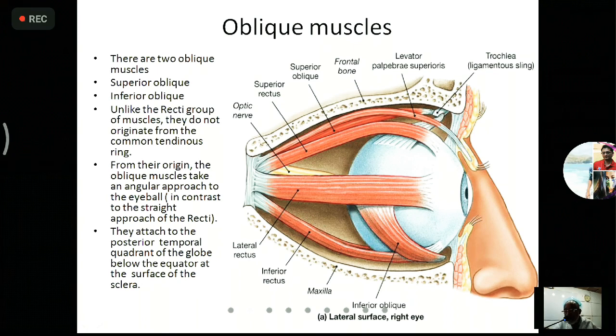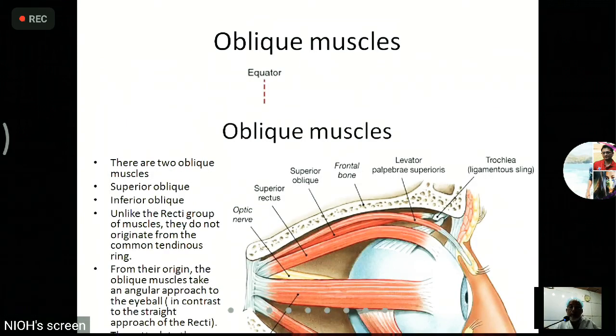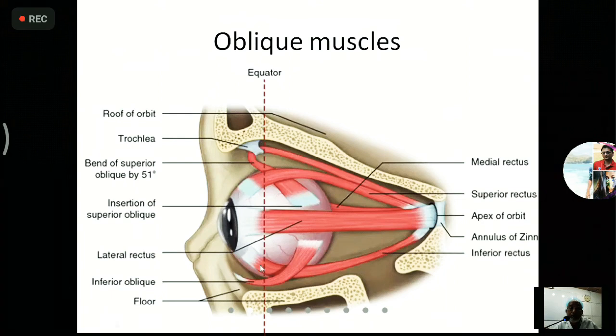So they insert posteriorly to the equator, toward the back. We will say shortly how much each one goes. This is oblique insertion, not insertion along the equator. And this is the oblique muscle. If we look, this is the equator. Vertically, the recti muscles insert in front of the equator and the obliques insert behind the equator. This is the superior oblique, this is the inferior oblique. You see this muscle inserted horizontally and this muscle inserted obliquely. Remember this point. Obliquely, angularly, when asked in an MCQ, this is the obliquely inserted one.